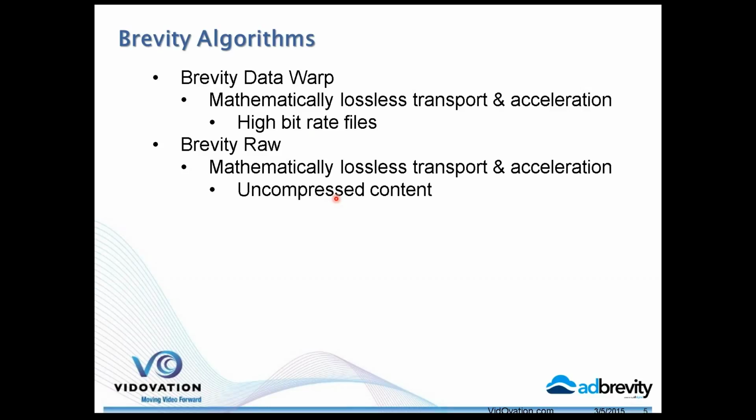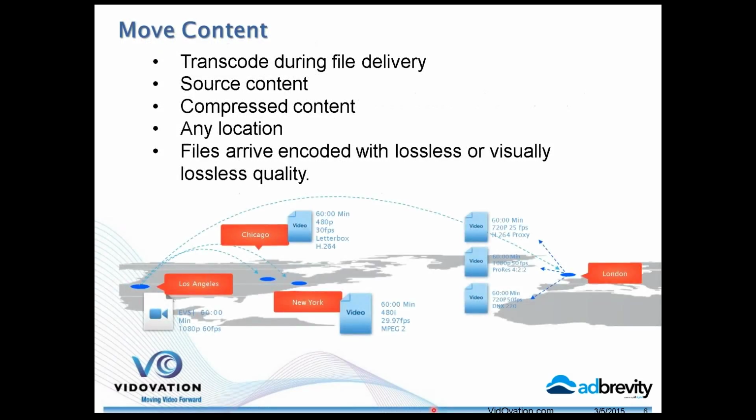We're looking at the files, we're analyzing the files. Since the system is geared around video, it understands the structure of every file format, and it compresses that, transports it losslessly through the system, and then gives you back the file you originated with or the transcoded file that you desire. So there's a lot of technology going on in the background.